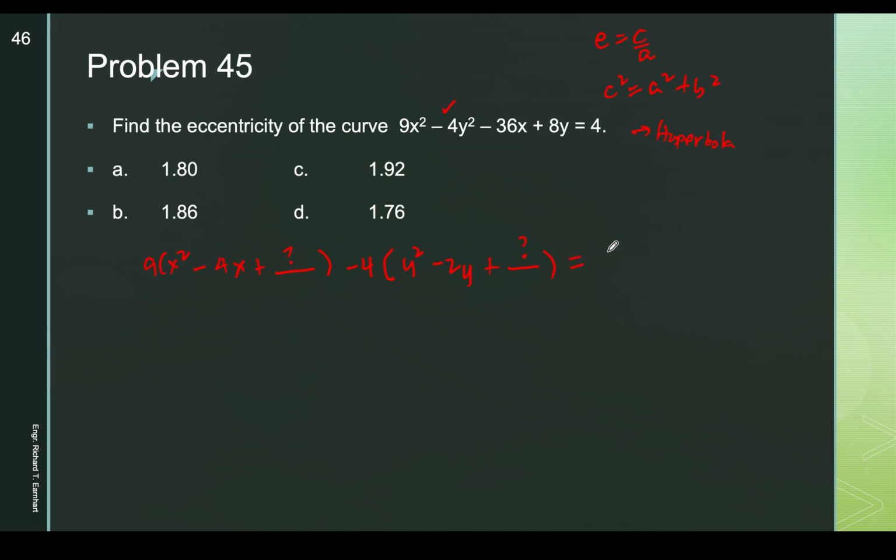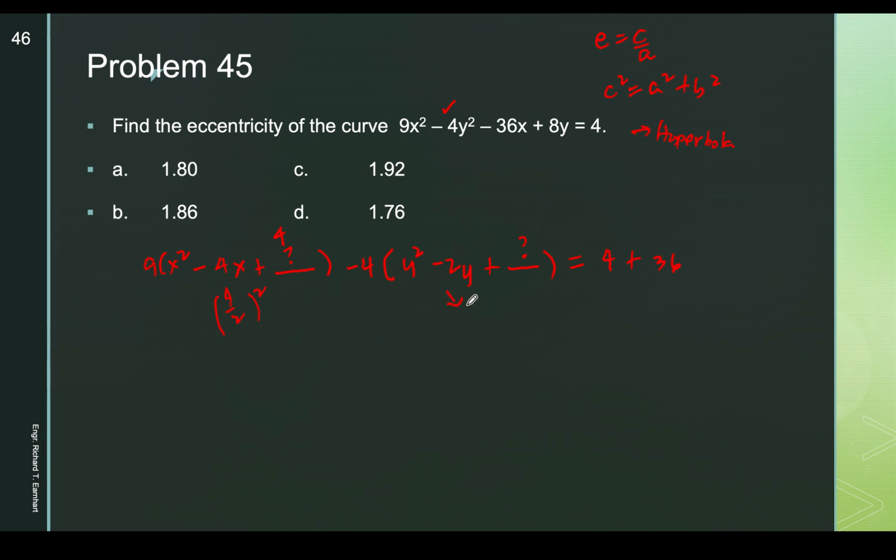Okay, then we have 4 on the right hand side. So 4 divided by 2, that quantity squared will be positive 4. So add 4 here. Then to balance the equation, we add plus 9 times 4, so 36.